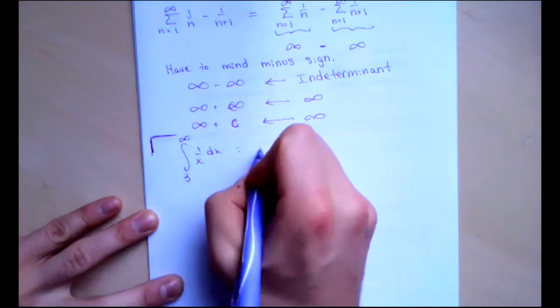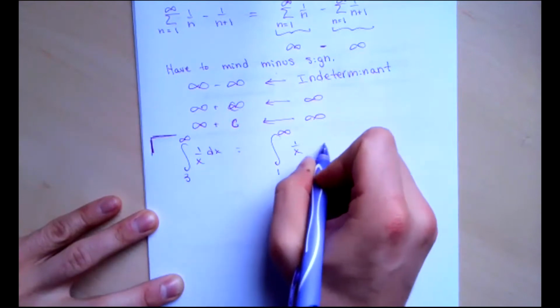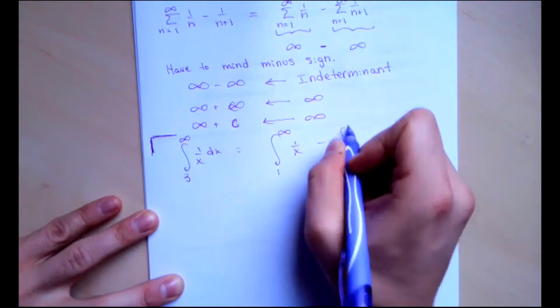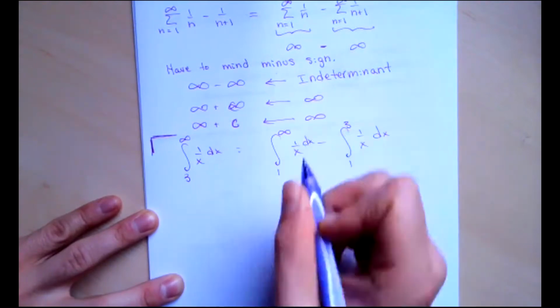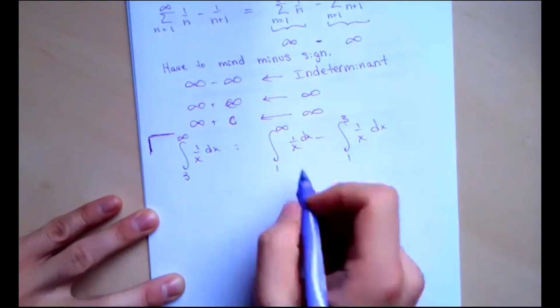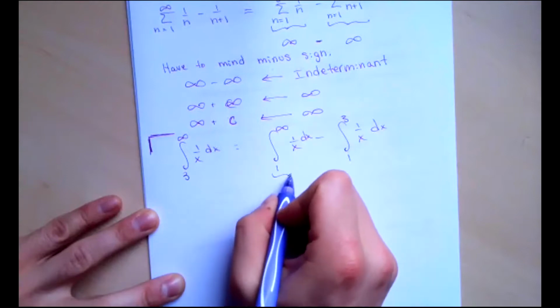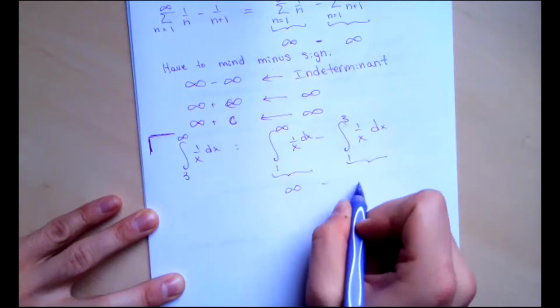A lot of people said this is the integral from 1 to infinity of 1 over x minus the integral from 1 to 3 of 1 over x dx. The reason we can conclude that this diverges is that this guy we know goes to infinity, and this term is a constant.